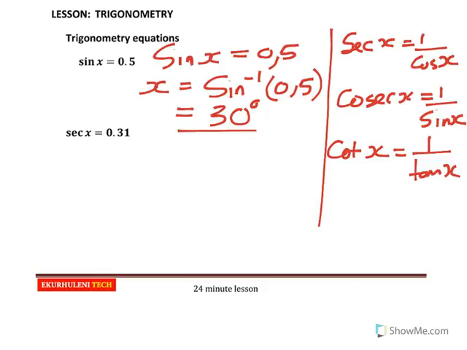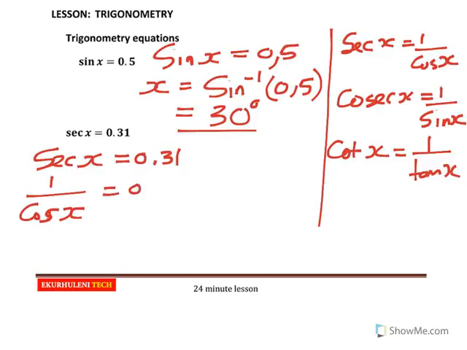So now if they gave us sec x is equal to 0.31, what we need to do now is to remember sec x is 1 over cos, and then we say 1 over cos x is equal to 0.31. What we do is we also equate this to over 1 and we cross multiply.